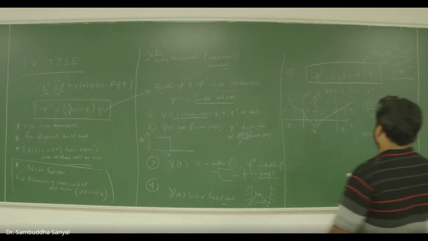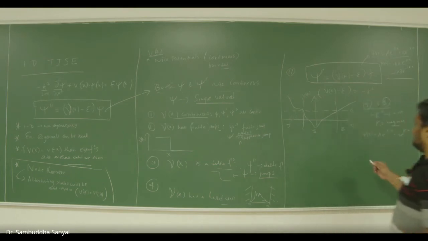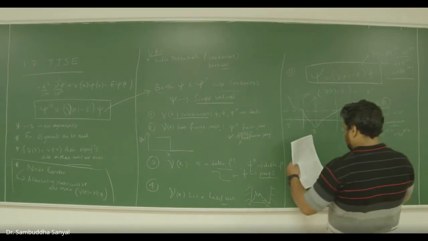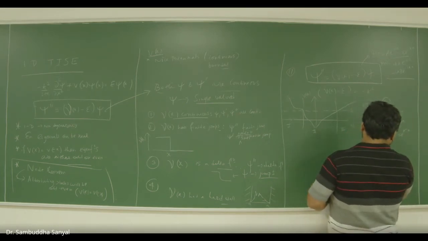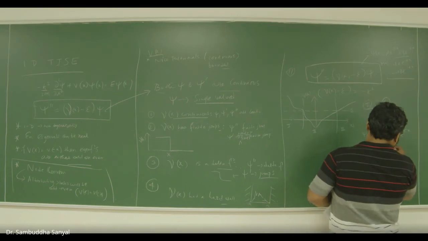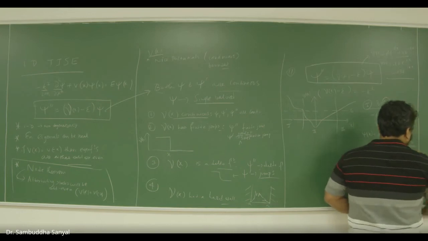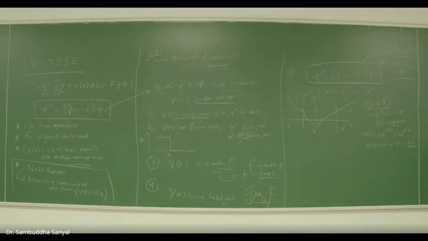But now we demand, and it's a property of a bound state, that psi x must go to 0 as x goes to plus or minus infinity. Even if it is not a bound state, you don't expect this solution to go to infinity. This part is going to blow up, right? It's a growing function. Similarly, this part blows up when x goes to minus infinity.